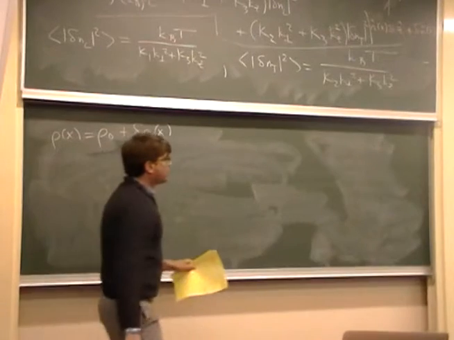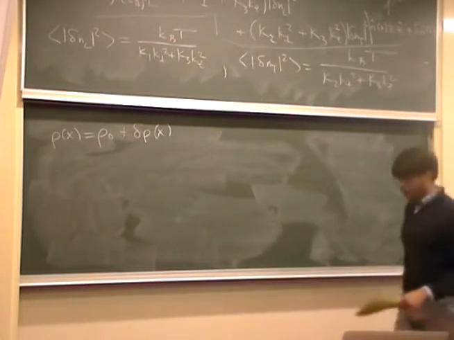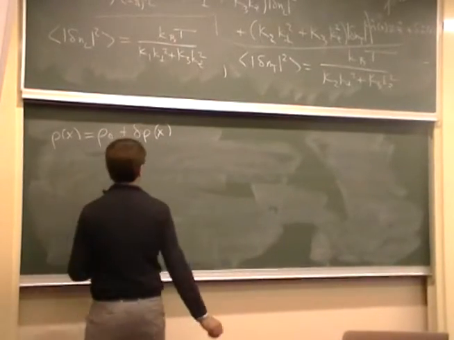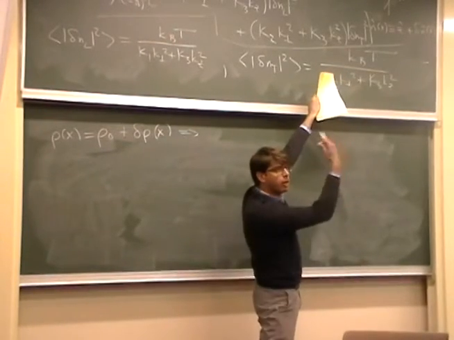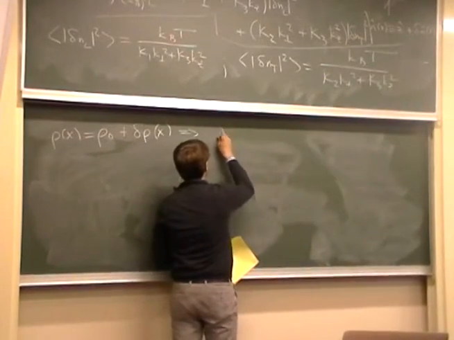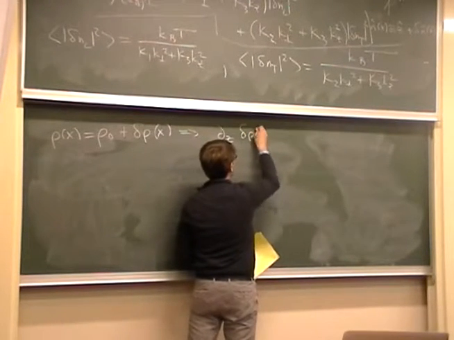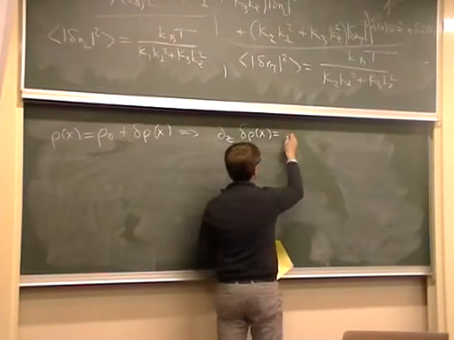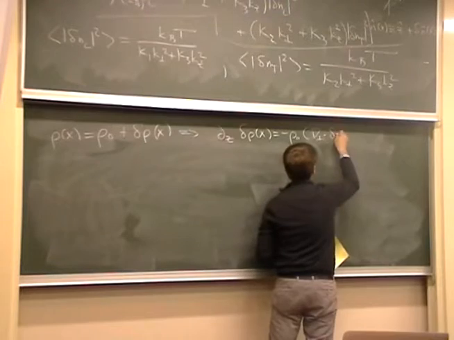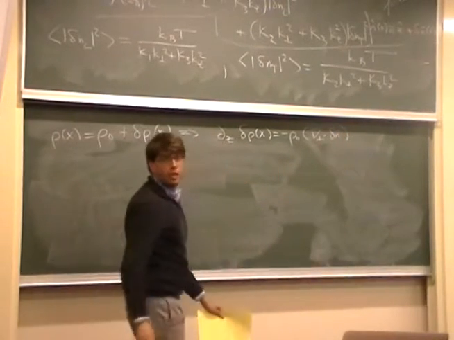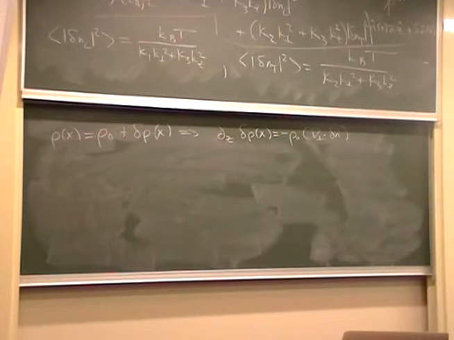And so the gradients, of course, are only going to act on delta rho. So this transforms, in this limit where we have a weakly deflected nematic almost always pointing along z, to this: the z derivative, which is the derivative along n of delta rho of x, is equal to minus rho 0 times the divergence perpendicular of delta n. Okay, this is just translating this to the small Gaussian fluctuation limit.